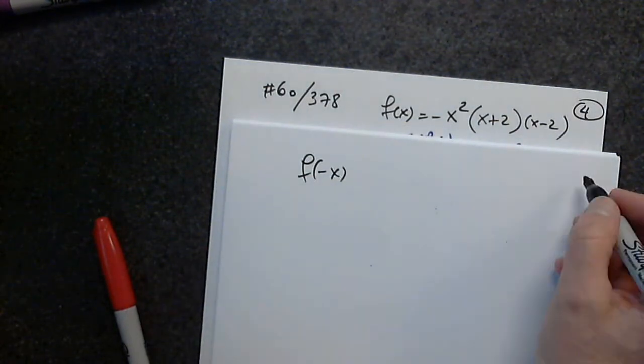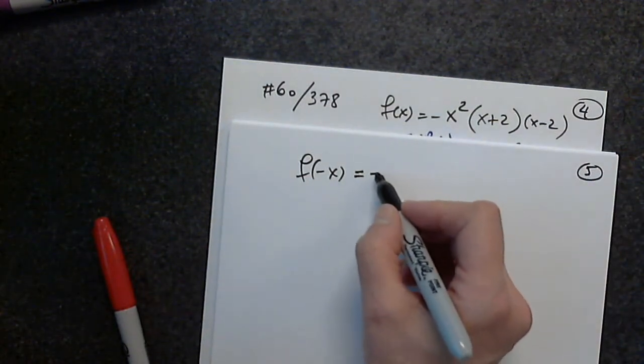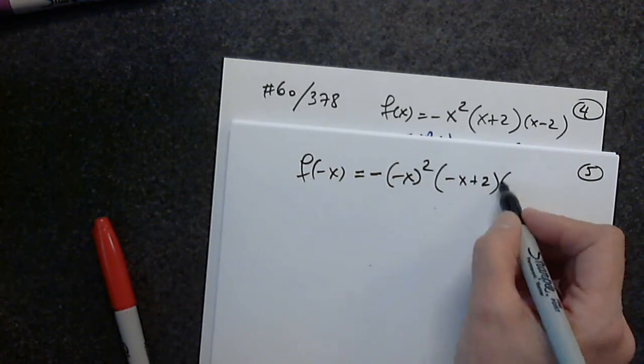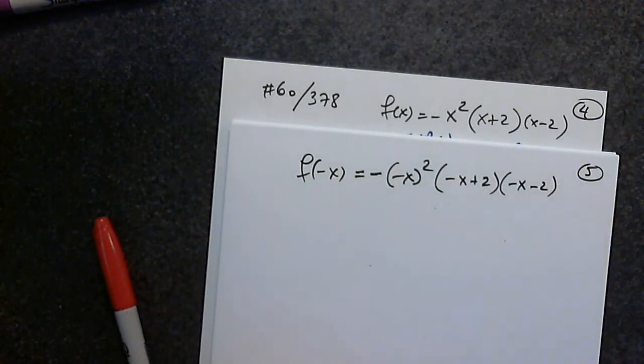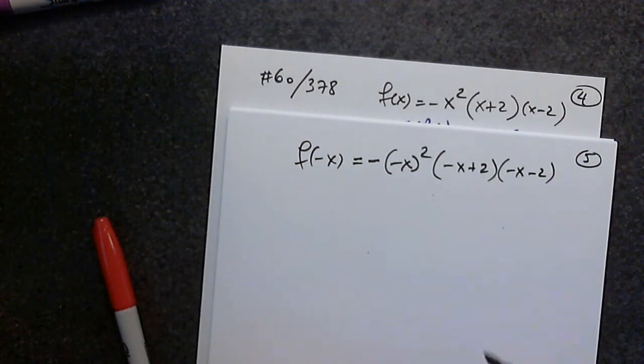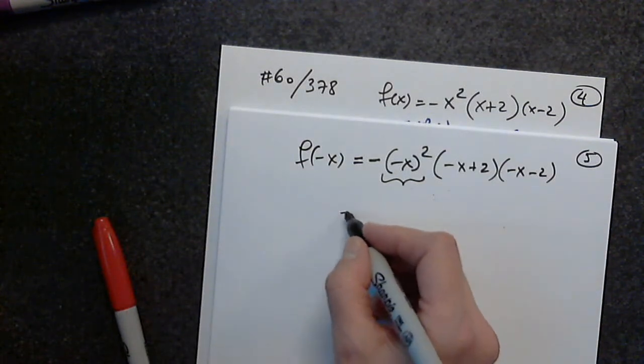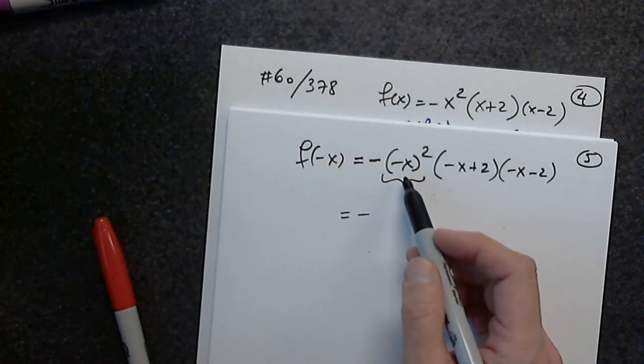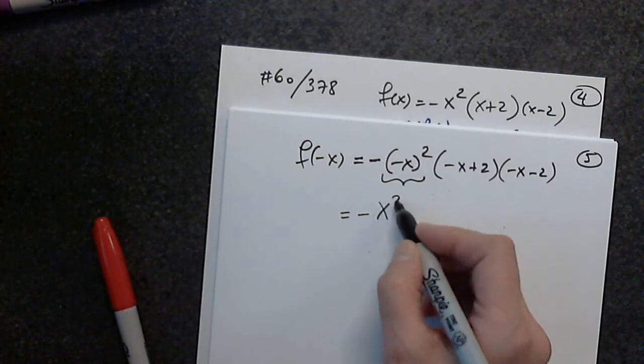F of negative x will be negative x squared, negative x plus 2, negative x minus 2. What happens here? Negative x to the second power is the same as how much is negative x times negative x? X squared. Excellent.